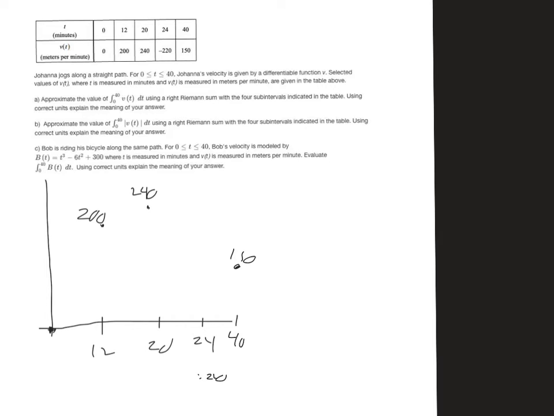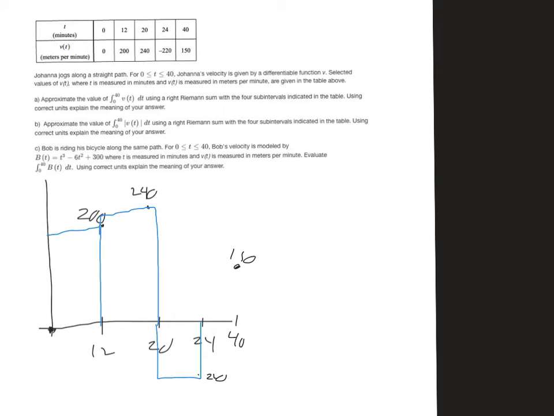So I draw my right endpoint rectangles. The right endpoint of my first interval is at t equals 12. The height there is 200. The right endpoint of the next interval is at t equals 20. The height there is 240. At 24, we're at negative 220.